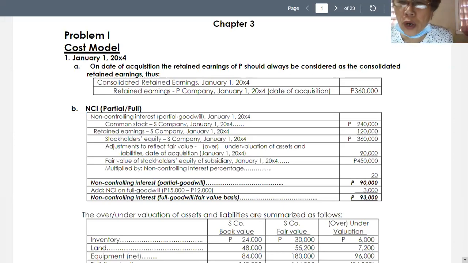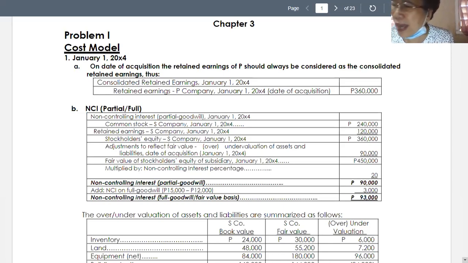The fair value of the NCI, that's the consideration paid by P, 372,000, and then we are going to add the amount paid by the NCI for a 20% interest of 93,000. Total of 465,000 as the total of the fair value of the consideration transferred.